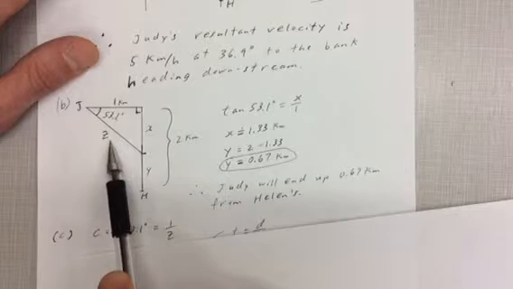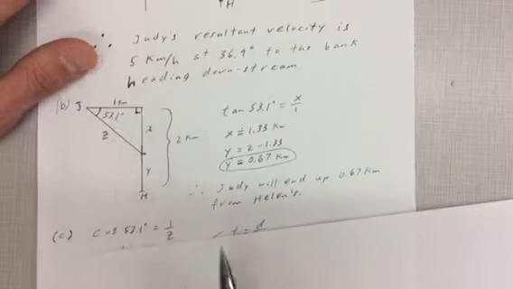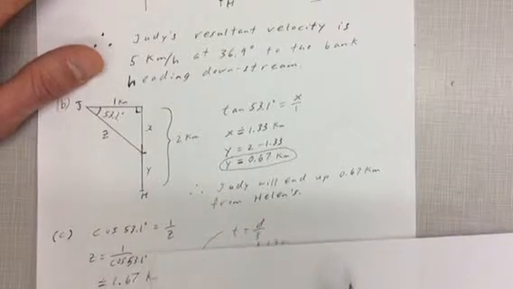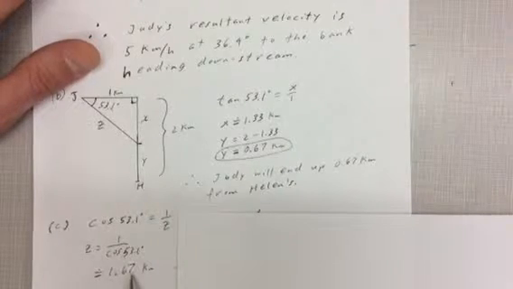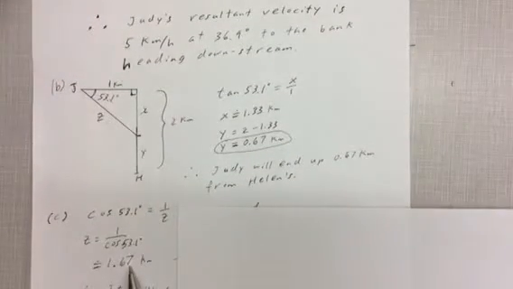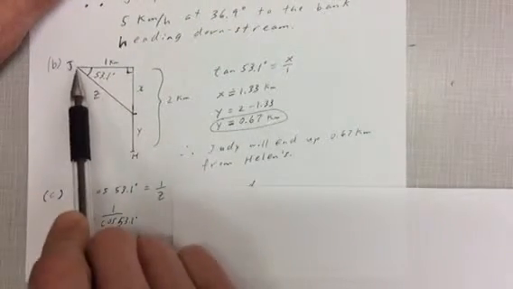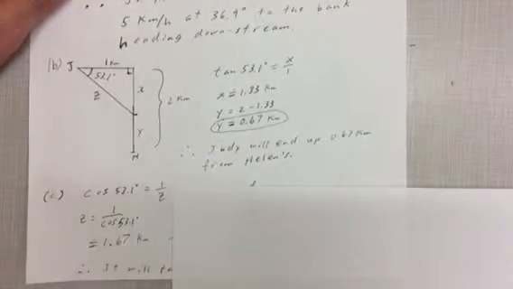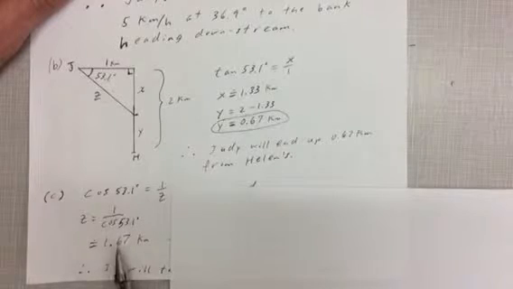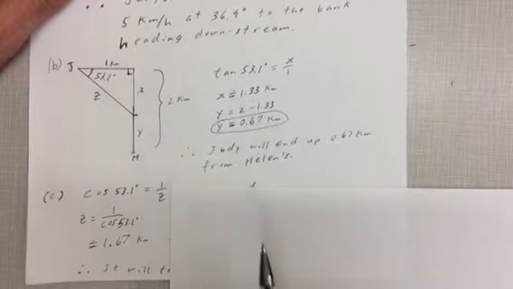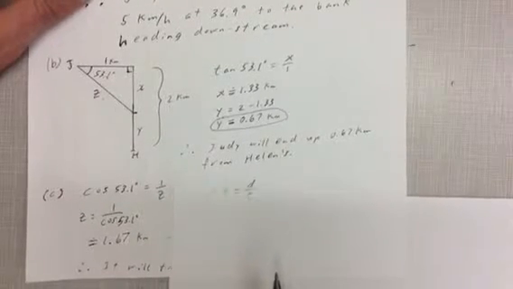So adjacent over hypotenuse. Work that out, and you get 1.67 kilometers is the distance that she would end up traveling through the river.